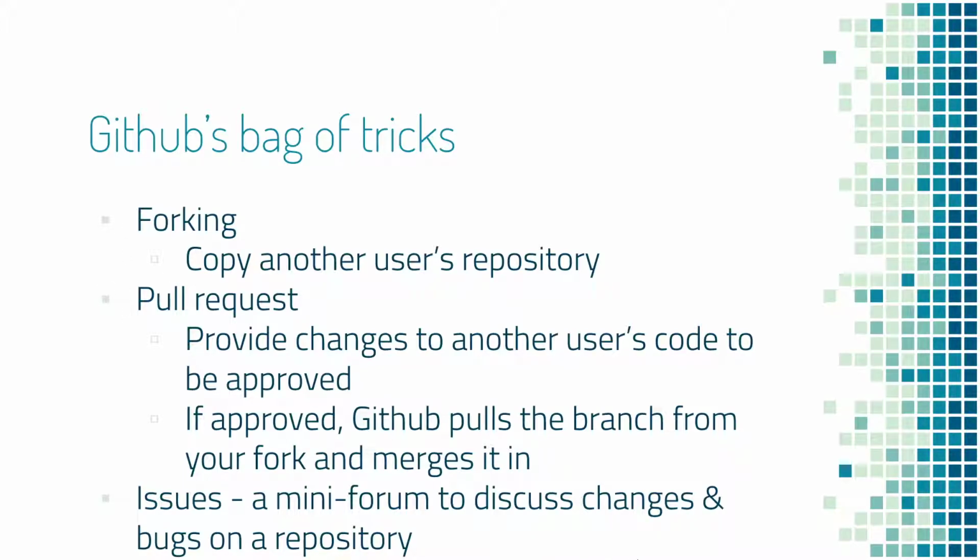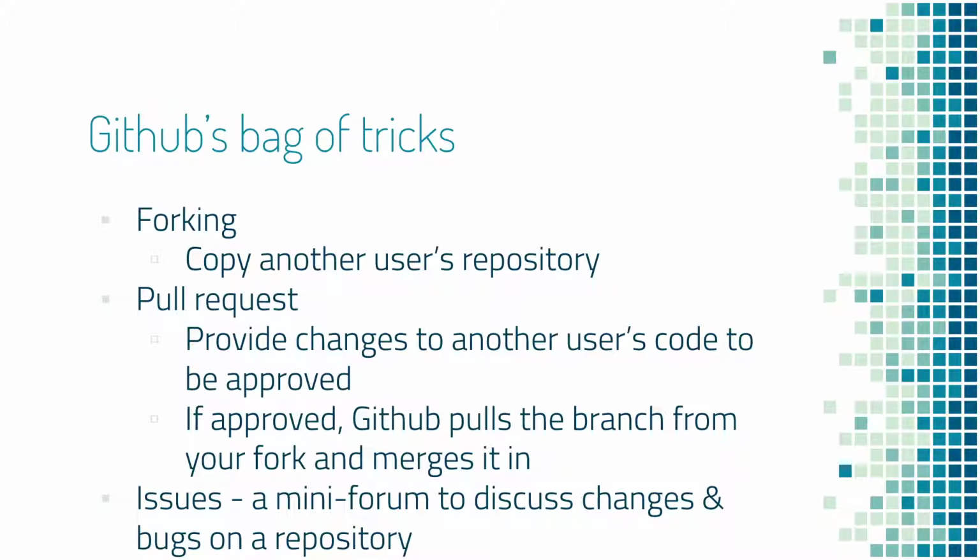And then finally, among many other features that GitHub has, another big one is issues, which allows you to open an issue for a feature change or a bug. And this essentially allows you to write up a description of whatever the bug is, or whatever feature you want to be added, or whatever change you want to be made.